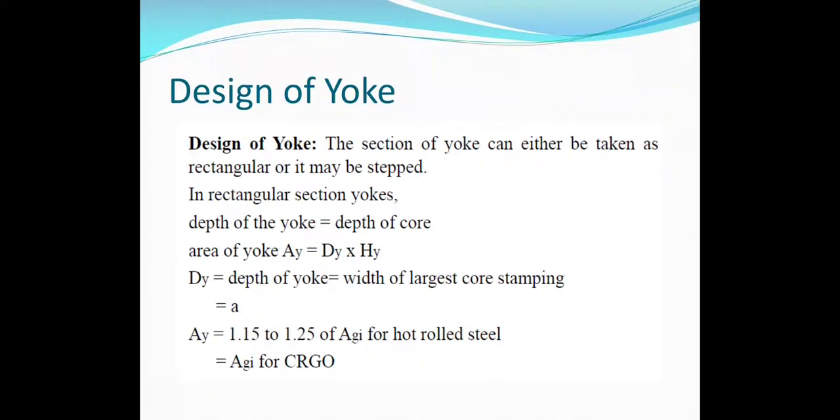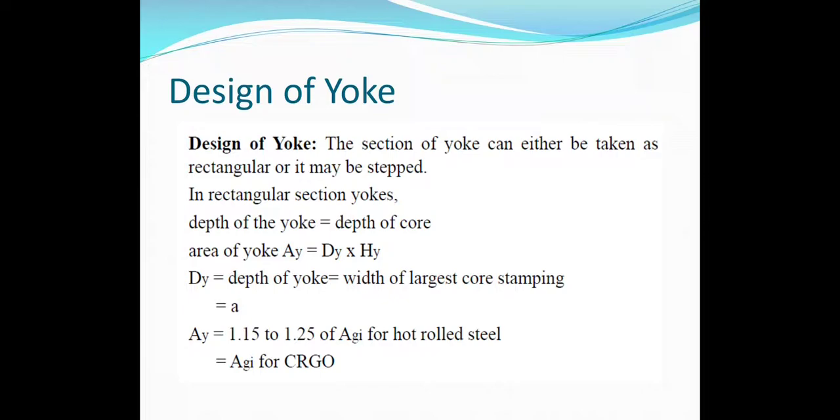And design of yoke. The yoke shape may be either rectangular or stepped. In rectangular sections, the depth of the yoke is equal to the depth of the core, and the area of the yoke is given by the formula Dy into Hy, where Dy is the depth of the yoke and Hy is the height of the yoke.